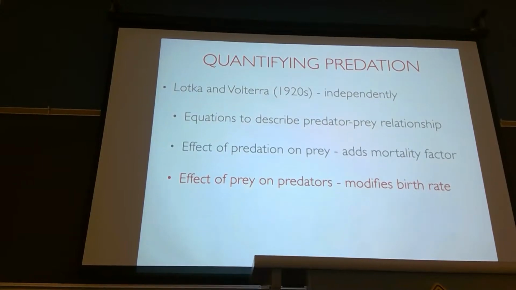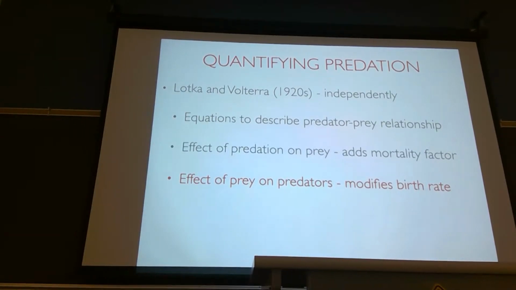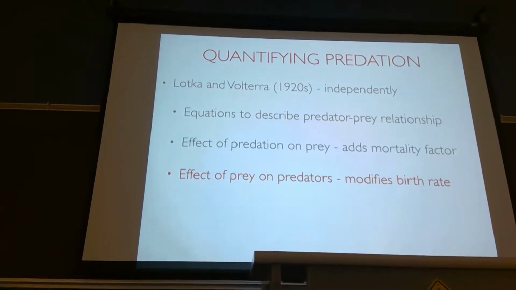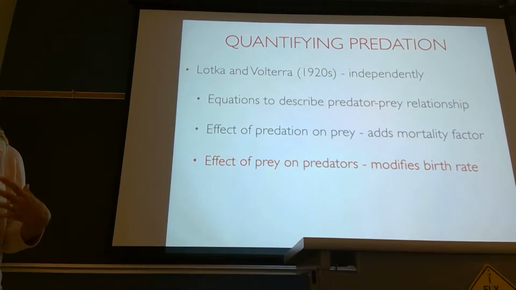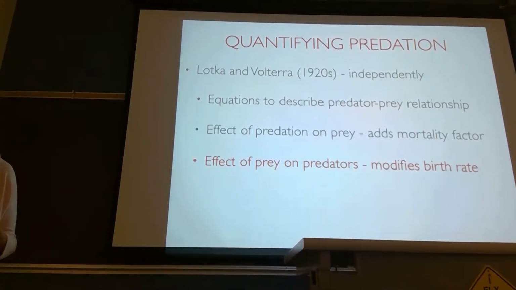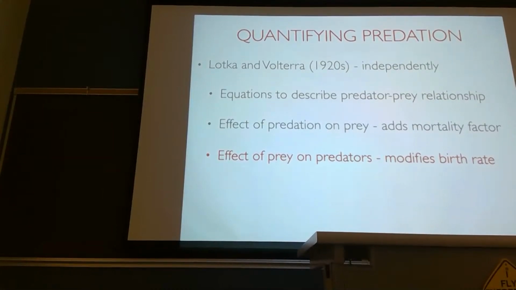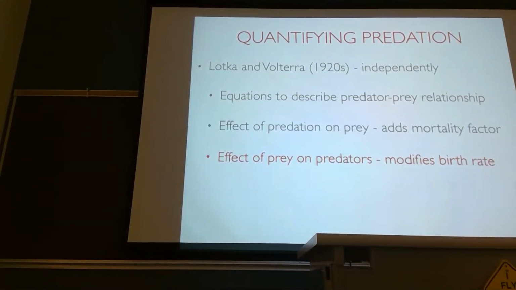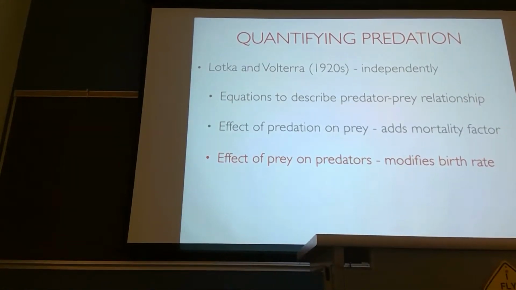We talked about Lotka and Volterra and their competition coefficients and quantifying the effect of having a competitor present on your species' growth rate and carrying capacity. Lotka and Volterra both also looked at quantifying predation effects on population growth and success for both predators and prey. So rather than species 1 and species 2, today we're going to be talking about predator populations and prey populations.